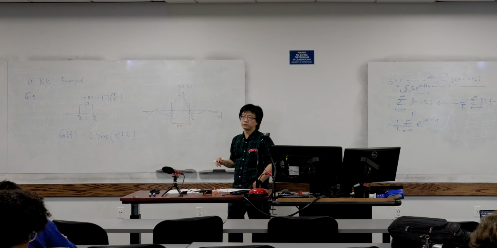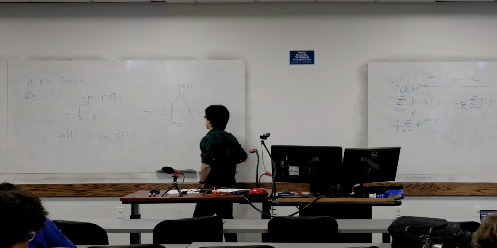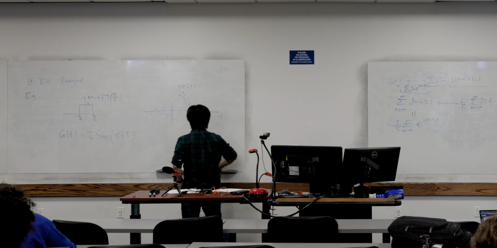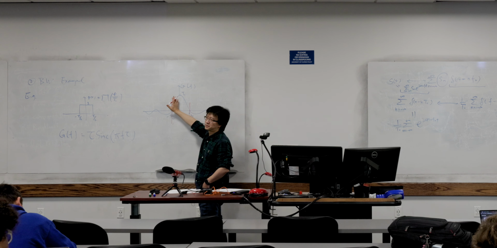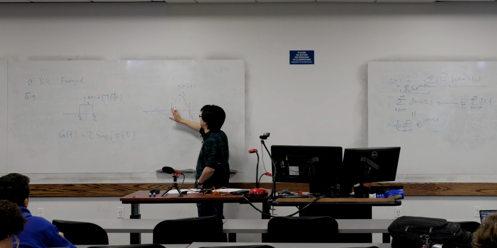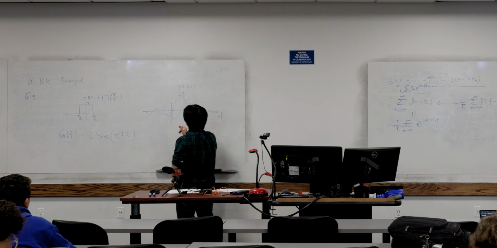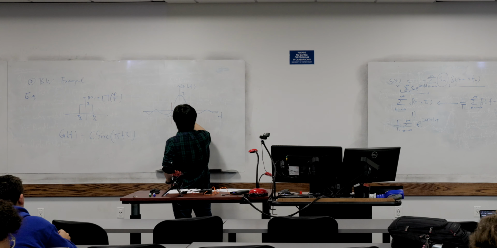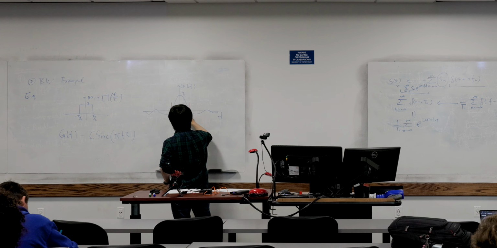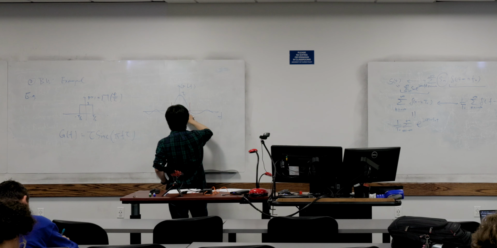Okay, this is our bandwidth. And sorry, yes, mistake. Why is it a mistake? Because the negative frequency component, as we said, doesn't matter. It has no physical meaning here, right? Because we don't have minus 1 hertz. There's no meaning to that. So basically, only this part makes sense. So this is 1 over tau.